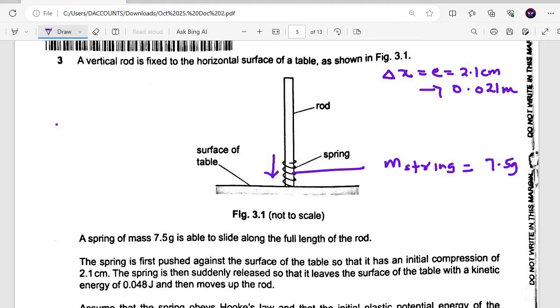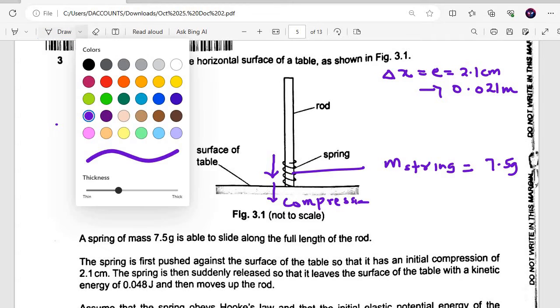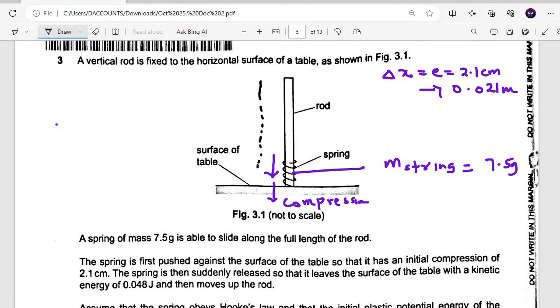So now, downward is compression. When the spring is released, it moves upward.